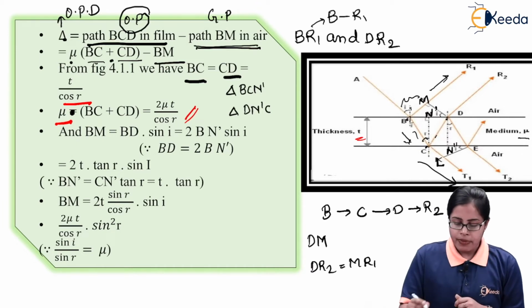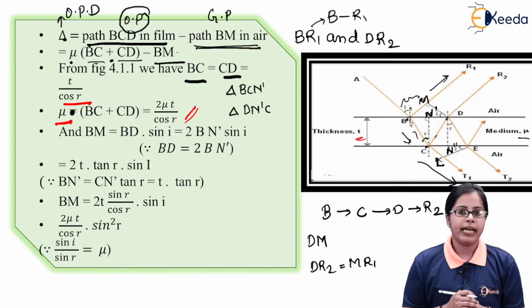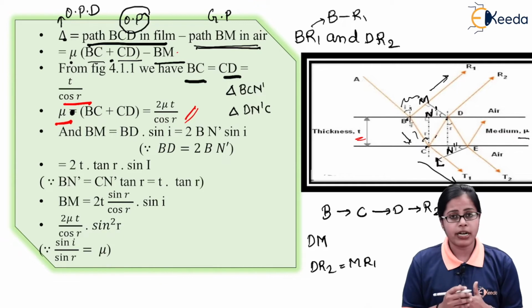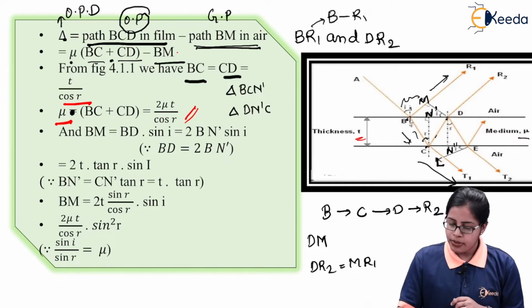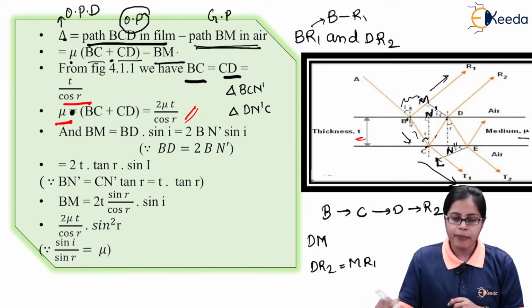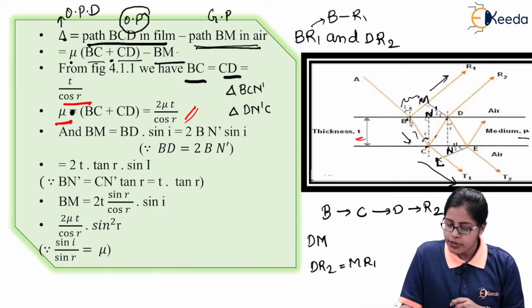Next, we need to calculate the value of BM. Now, if you look at the diagram, BM is considered over here in the air medium. As you can see, there is an angle I over here.